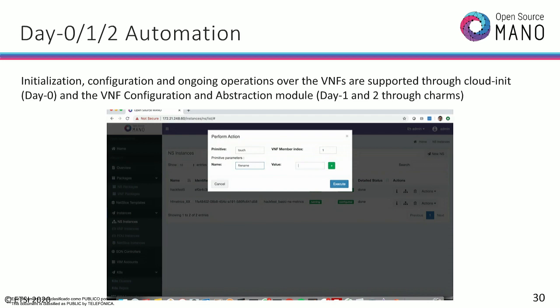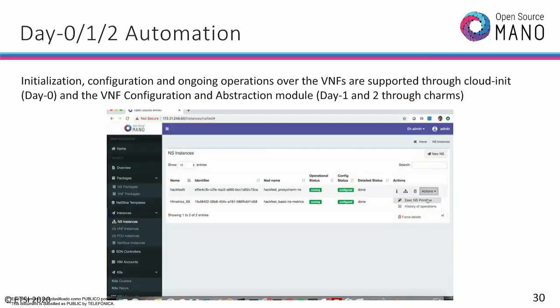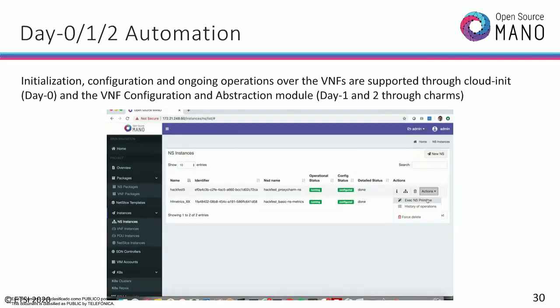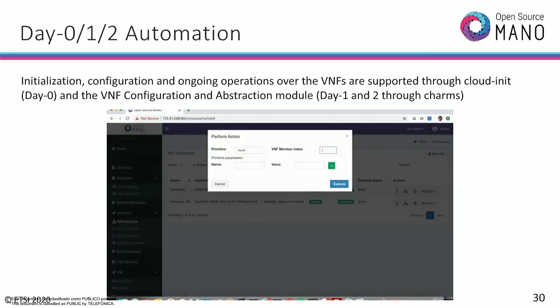So, talking about what happens after launching, OSM is not an orchestrator that is just launching virtual machines or Docker containers and that's it. For that, we have other components at the VIM level. We are at a higher level. We understand network functions.